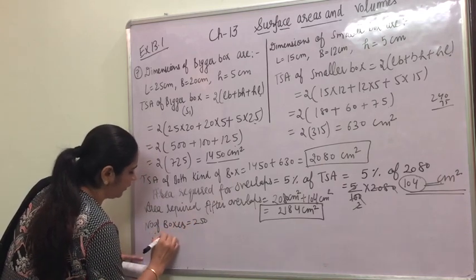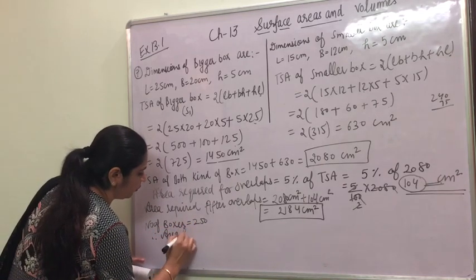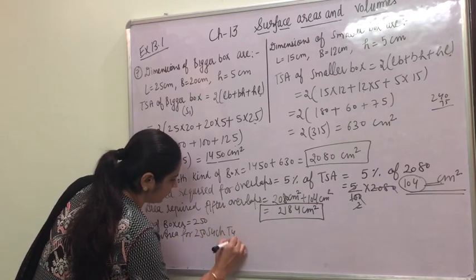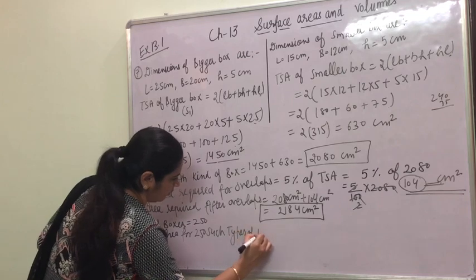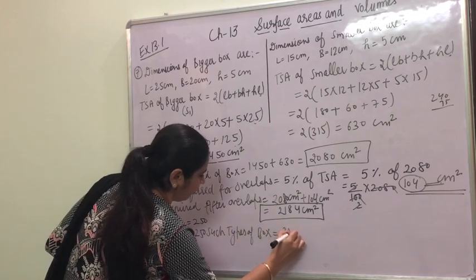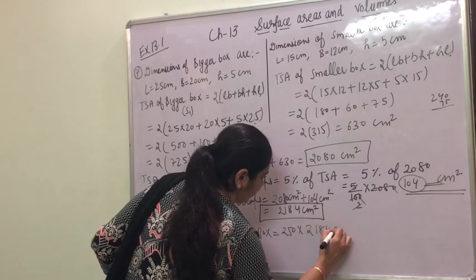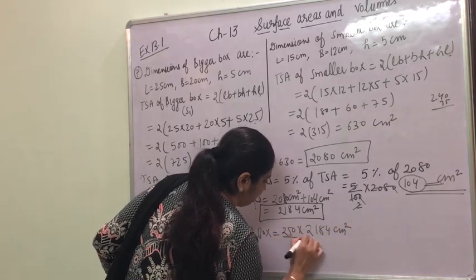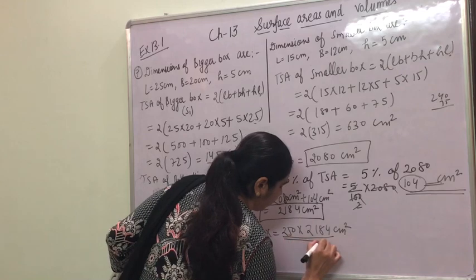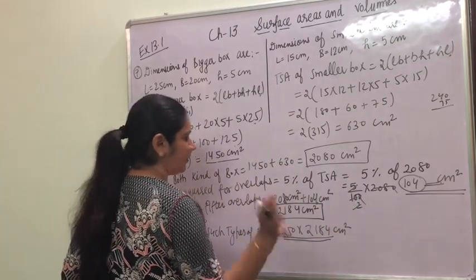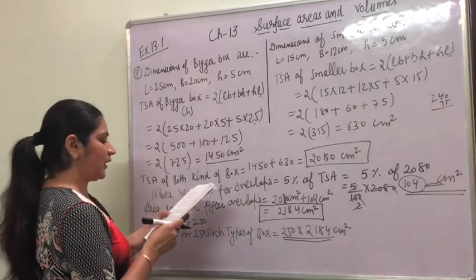Therefore area for 250 such types of boxes will be 250 into 2184 centimeter square. I am not doing calculation work here because this 250 will be cancelled at the last. Here rate is given.